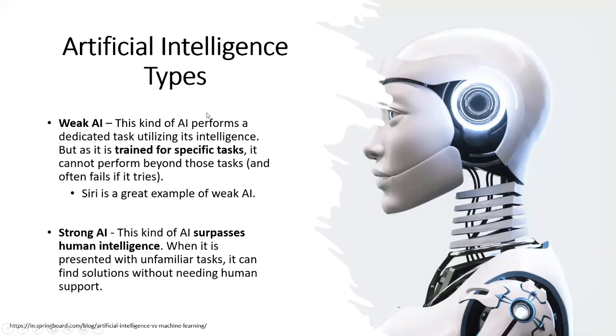There are two types of artificial intelligence, weak artificial intelligence and strong artificial intelligence. Weak artificial intelligence is dedicated to a particular task. Whatever you have trained it for, it will work for that only. This kind of AI performs a dedicated task utilizing its intelligence, but as it is trained for specific tasks, it cannot perform beyond those tasks. So let's say you program a computer program to say hi. When you say hi, it will also reply hi.